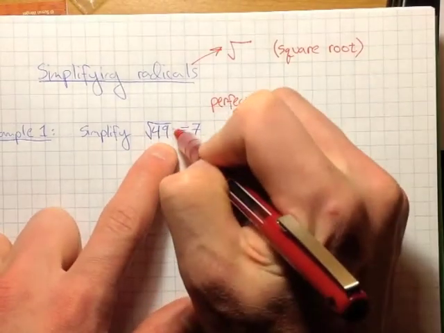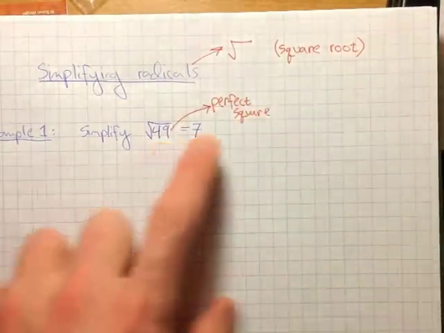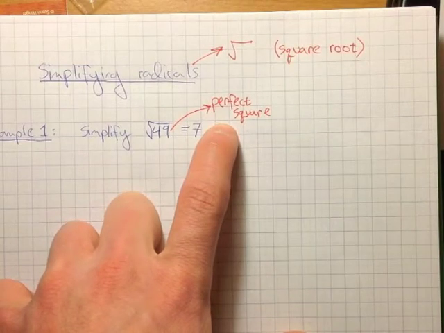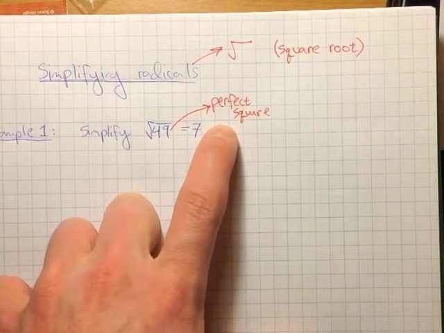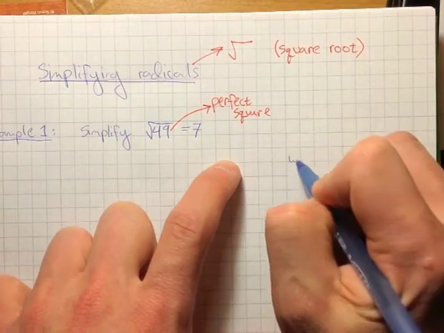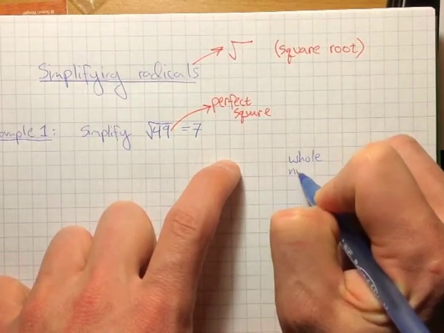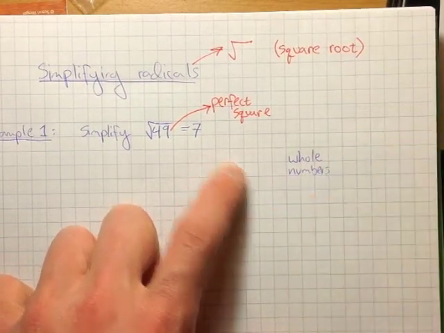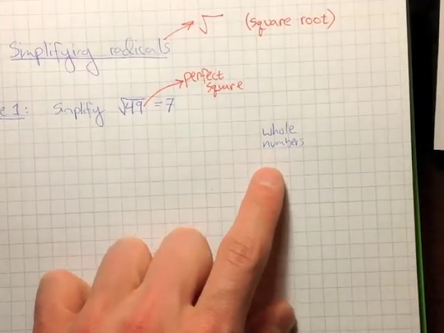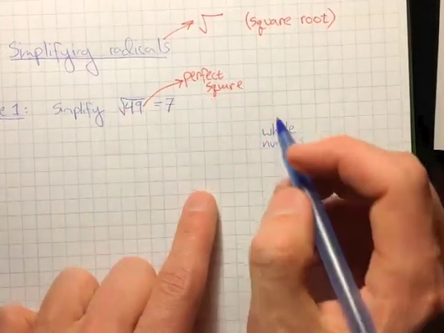49, as we just saw here, is an example of a perfect square. Do you remember what a perfect square is? Well, first of all, make a list of all of the whole numbers. Remember that whole numbers are the ones that you can count on your fingers, right?